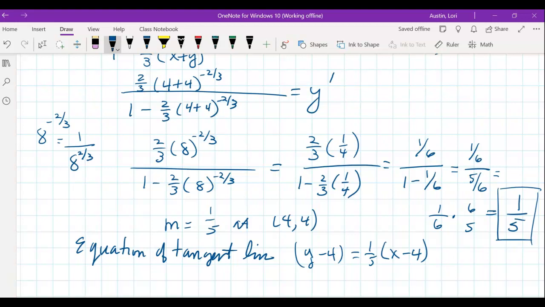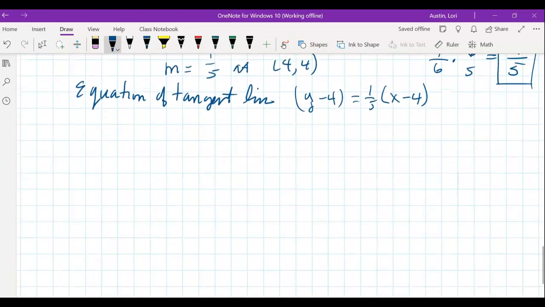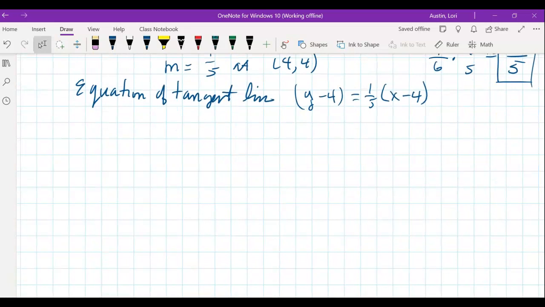This implicit differentiation can be used even when there are trig functions in the problem. So let's take a look at one of those. All right, let's do sine x plus sine y equals y.